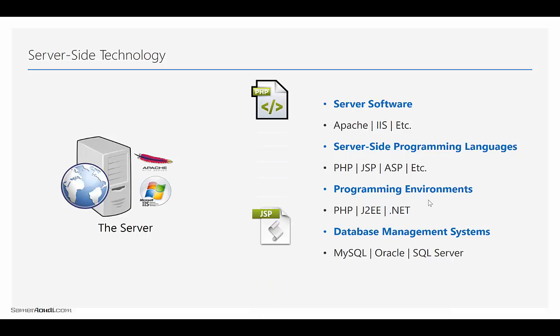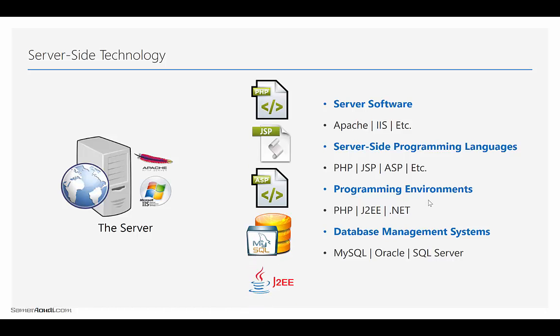So server-side technology includes the web server like Apache or IIS, server-side programming languages like PHP, JSP, ASP, etc. It also includes the programming environment that supports these programming languages, so the runtime or the interpreter, like J2EE, Java 2 Enterprise Edition for JSP, for example, which is the Java Server Pages.